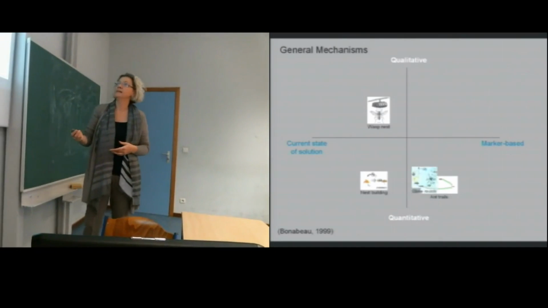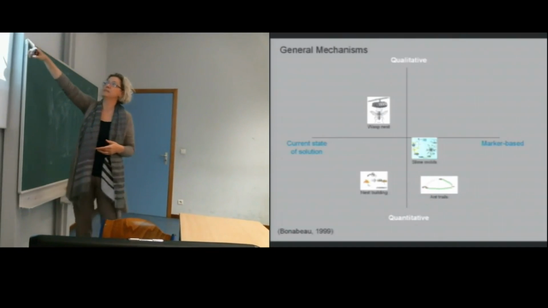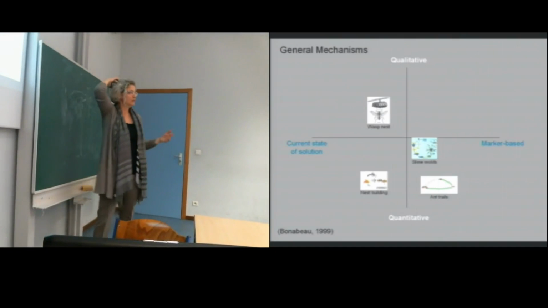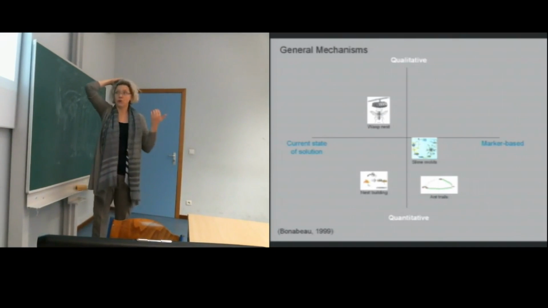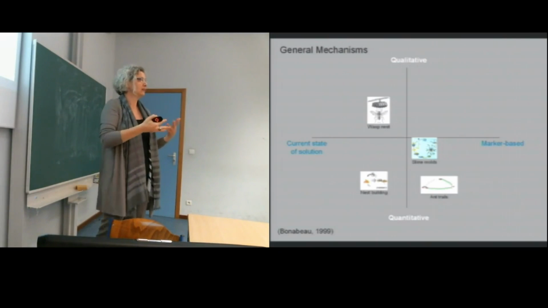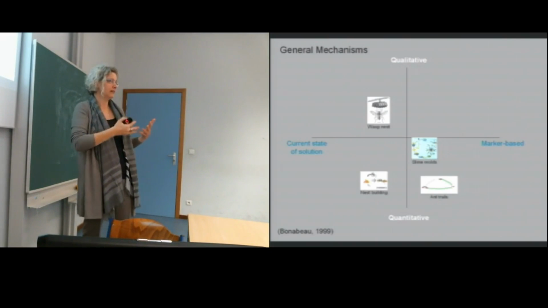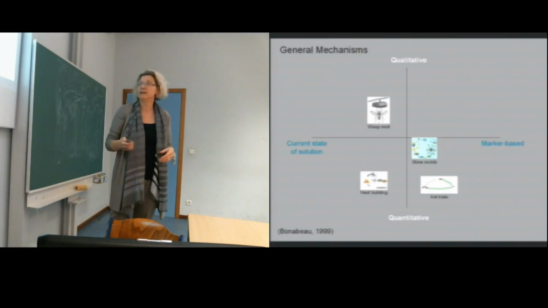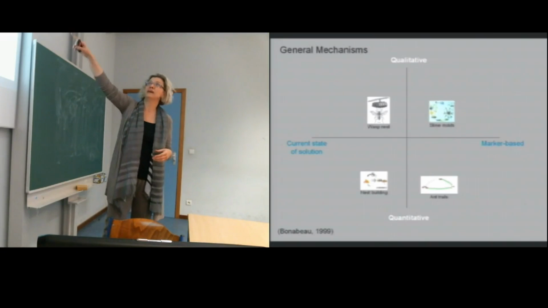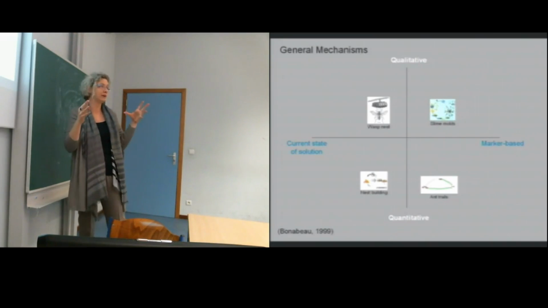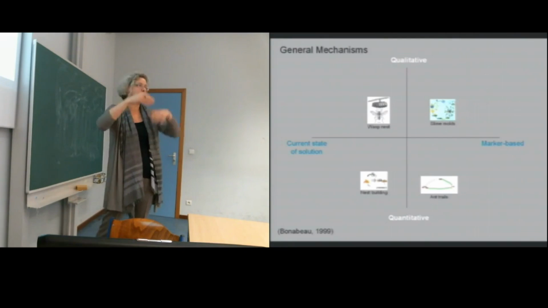And then we have, for example, slime molds, which I think are an interesting case, because they begin as quantitative, which means in the beginning the cells are moving according to a gradient of a particular chemical that they are emitting in stress. But beyond the threshold, they become qualitative, which means beyond the particular threshold, they become a one organism and move like a sort of a slug or fruit.